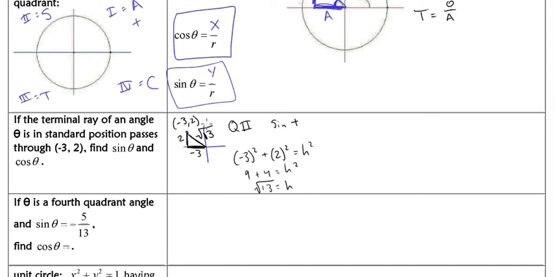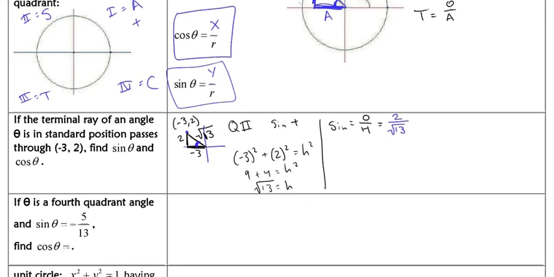Okay, and we need to know that because if we're supposed to find the sine and the cosine, remember sine is opposite over hypotenuse. So let's go ahead and plug in those pieces. The opposite side of our central angle theta is 2. So we have 2 over the hypotenuse, which is the square root of 13.